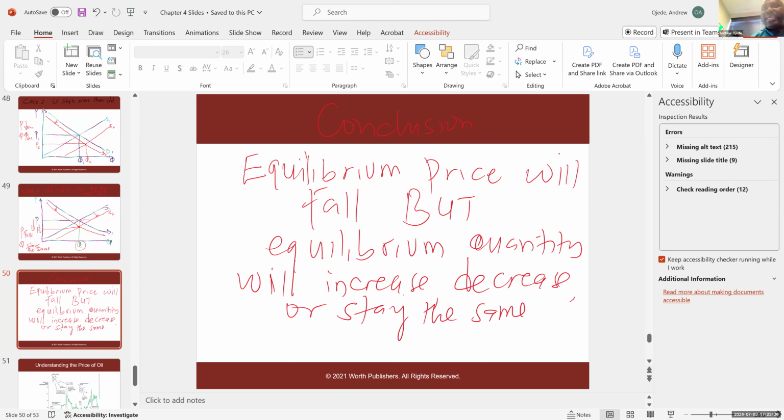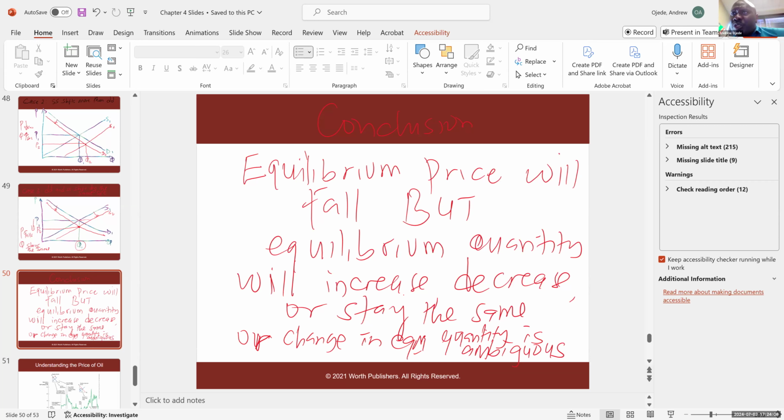Or another way of saying it, you could just say the change in equilibrium quantity is ambiguous. Ambiguous or uncertain. Ambiguous means uncertain. You mean either increase, decrease, or stay the same.